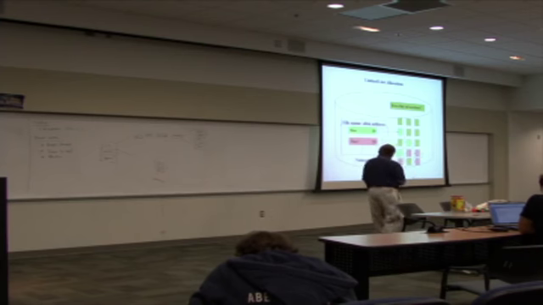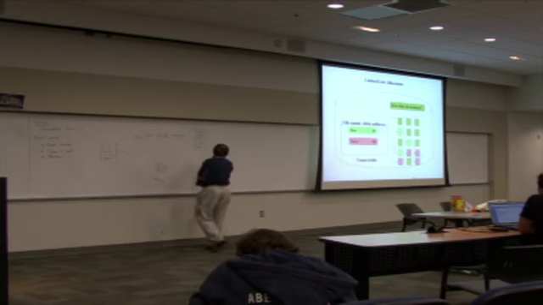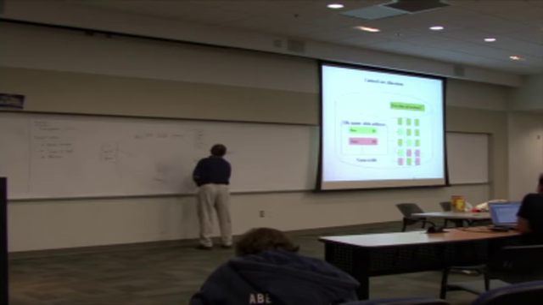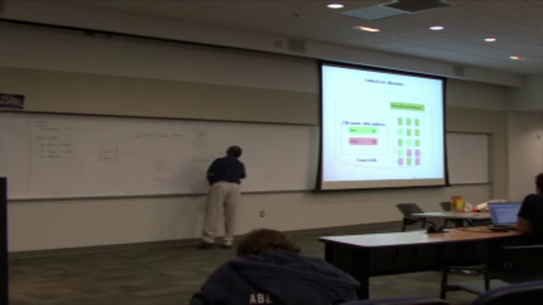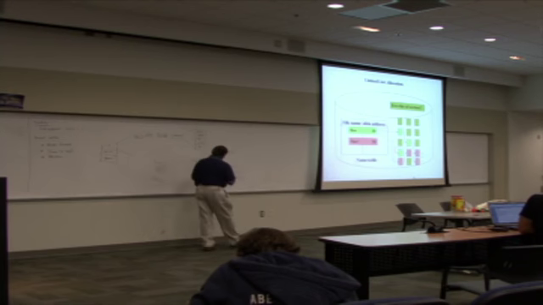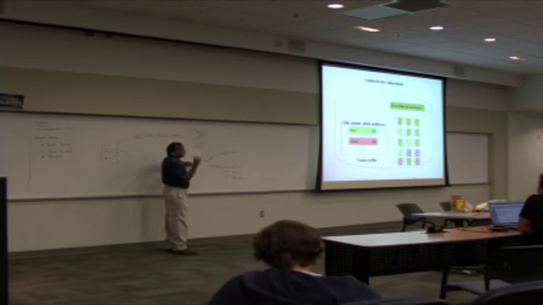I'm going to use the word disk block to mean some logical entity, and this could be a multiple of sectors or tracks or cylinders. Okay, and this is the unit of allocation.